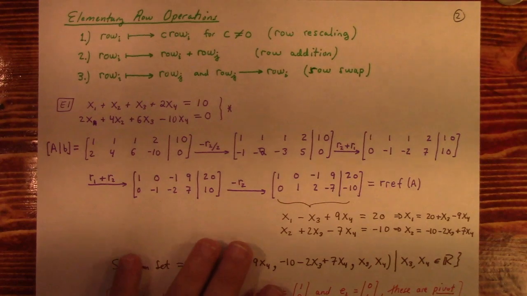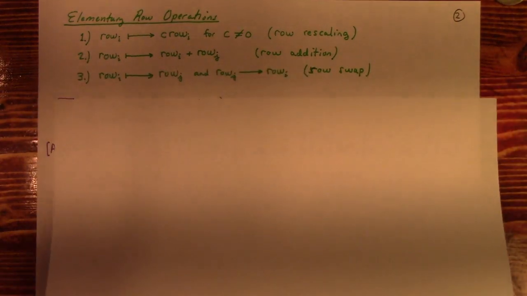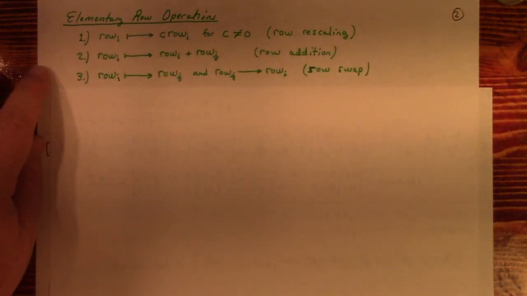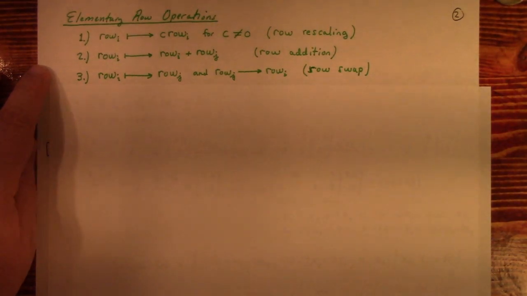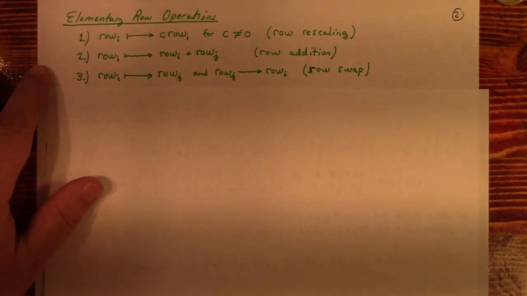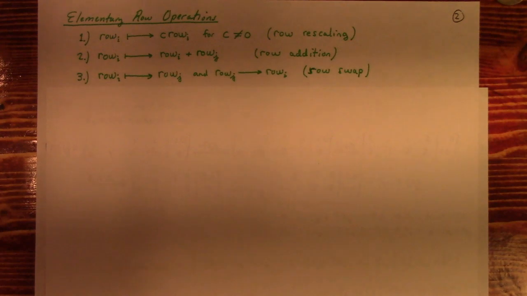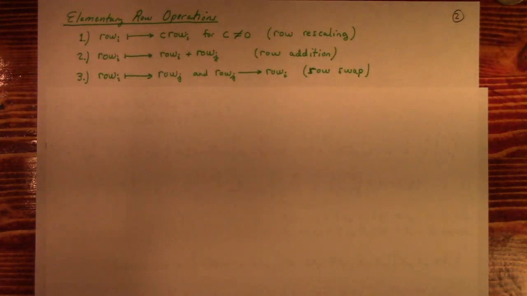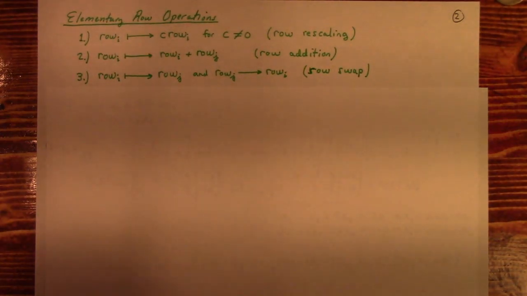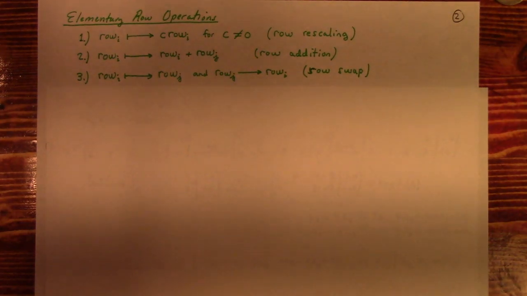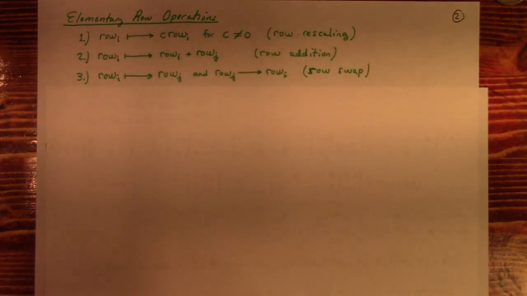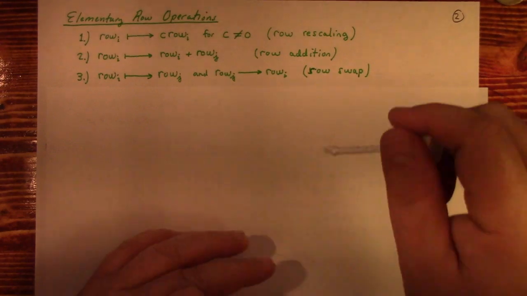However, there are composite row operations that we often do, as you'll see in my examples. For example, row subtraction you could think of as multiplication of one row by -1, and then adding that -1 multiplied row to the other.